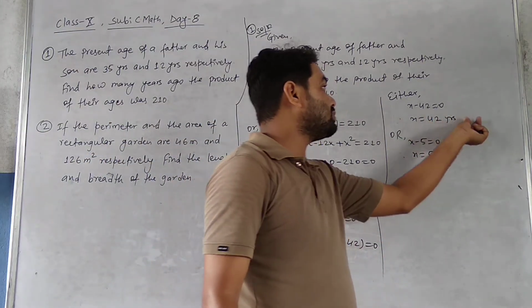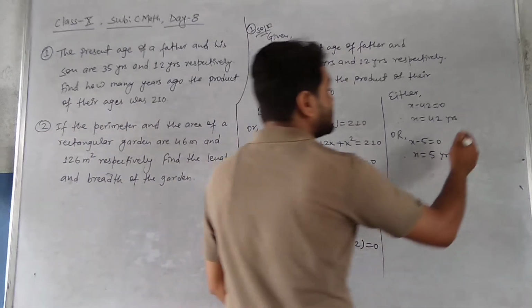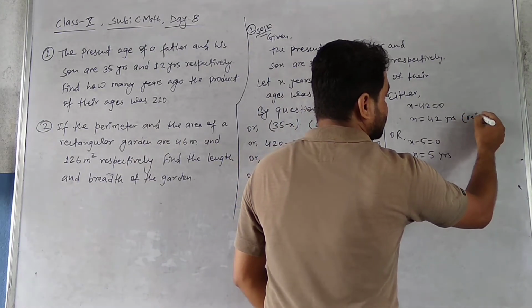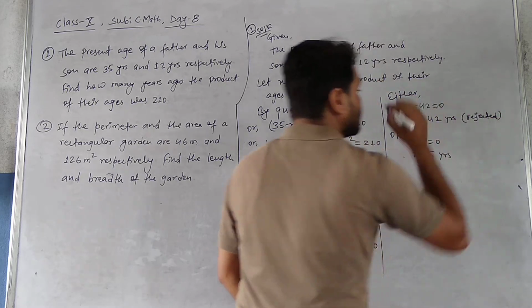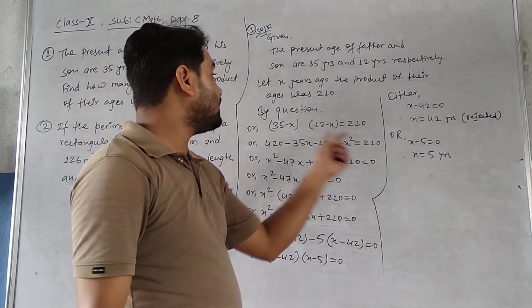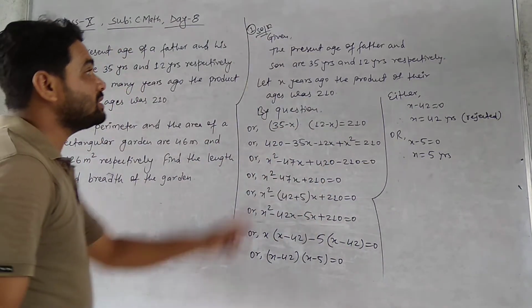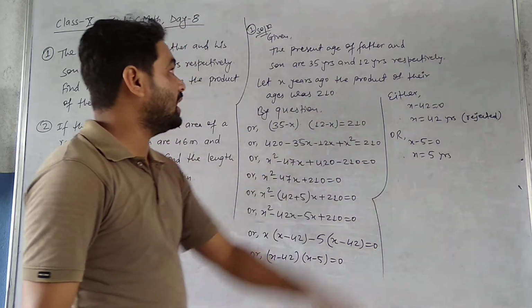So x equals to 42 does not satisfy that. That means we are going to reject that, so it is rejected. And when we get the value of x equals to 5, that means 5 years.